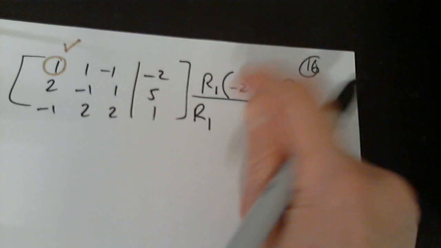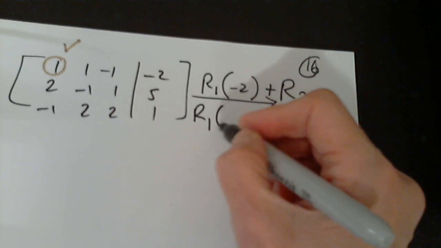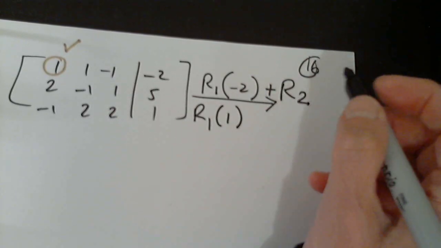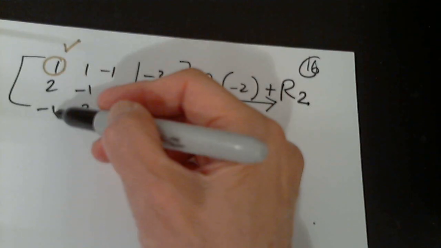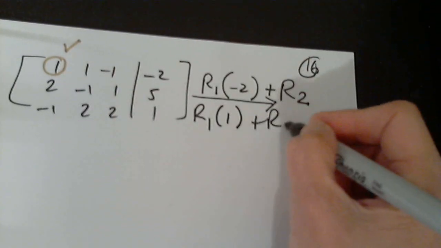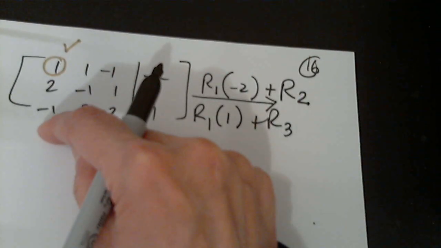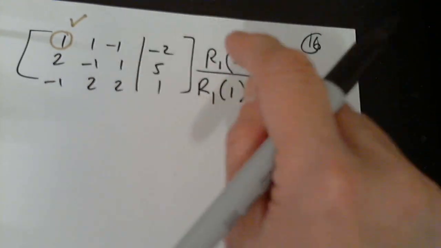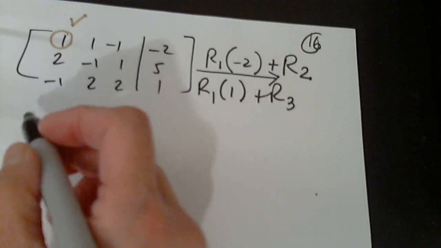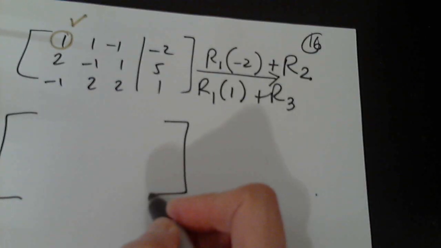I will also use row 1 to multiply it by 1 or not multiply it at all and add it to row 3 because I want a 0 here. So when I use a row, nothing happens to it.